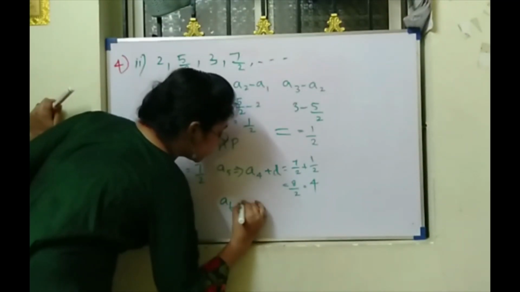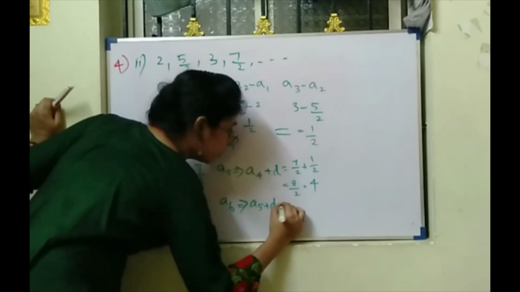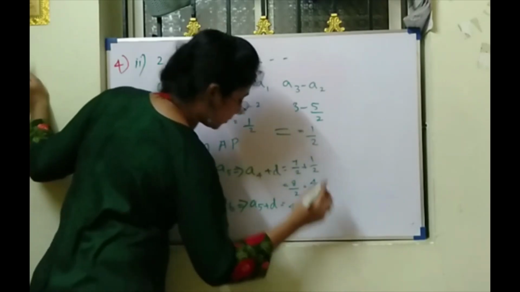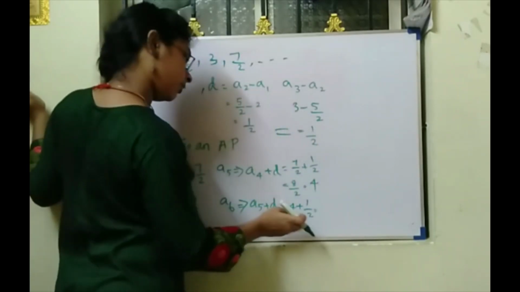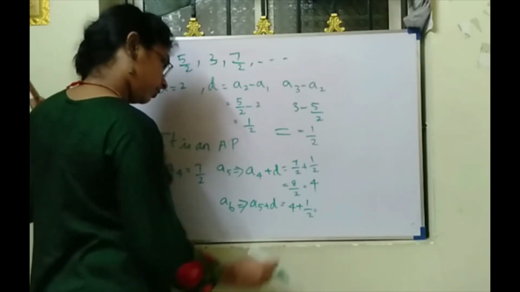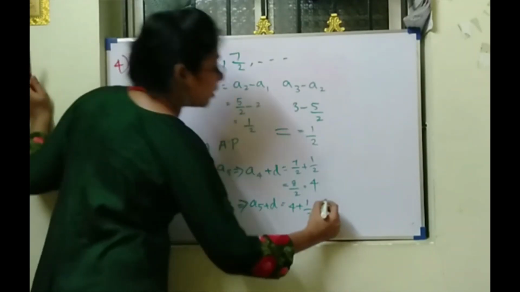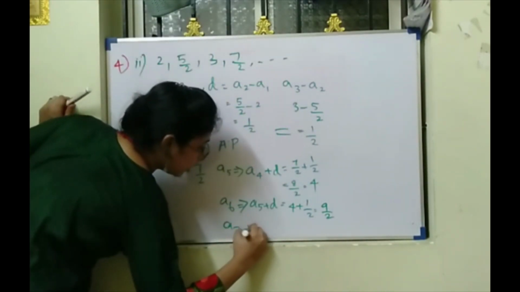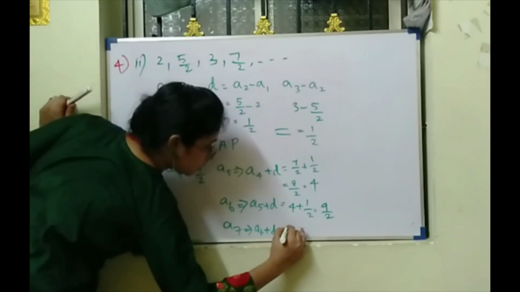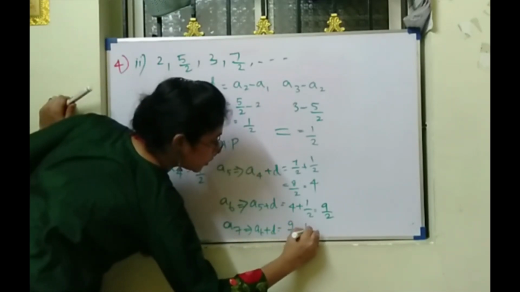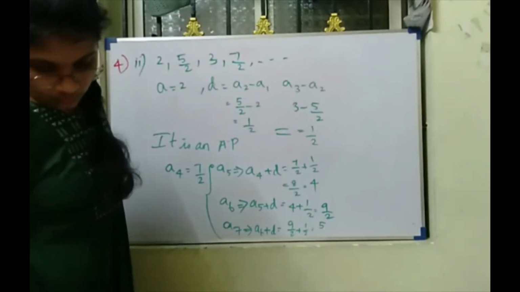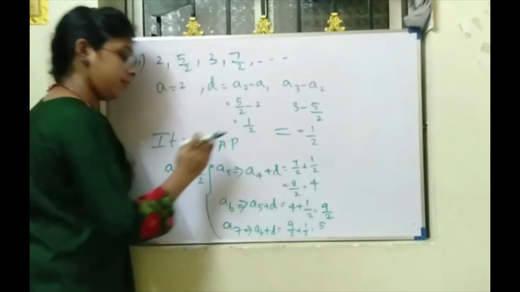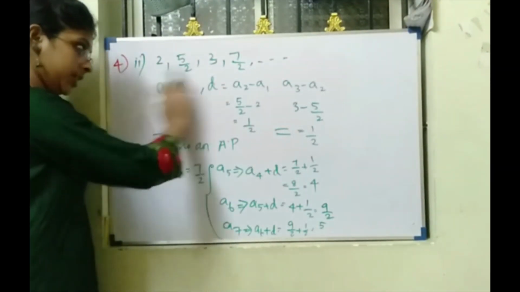A6 will be A5 plus D, which is 4 plus 1 by 2, which is 9 by 2. And A7 will be A6 plus D. These are the 3 more terms they have asked us to find if it is an AP. So this is an AP and we have found the next 3 terms of this particular sequence.